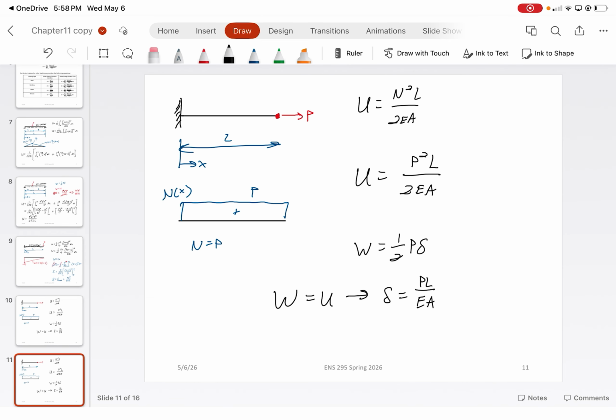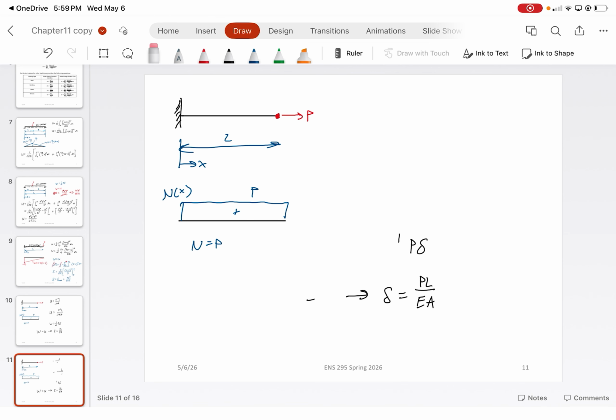Now I want to do something a little bit more challenging. I want to try an axial member subjected to a traction force.